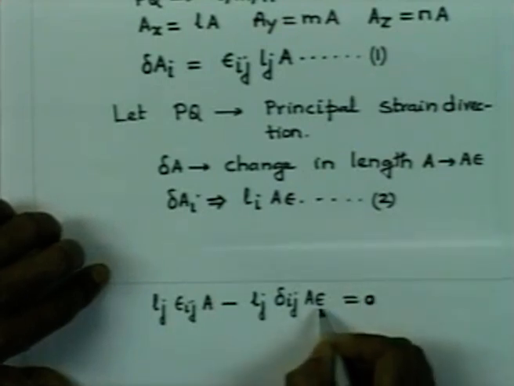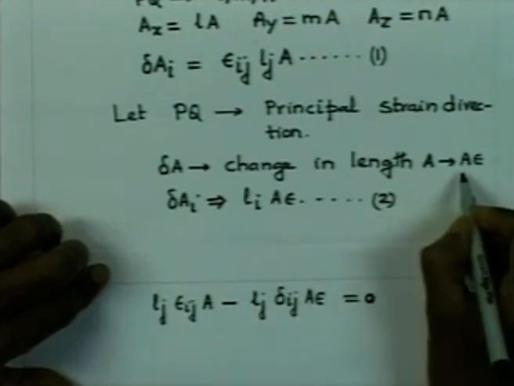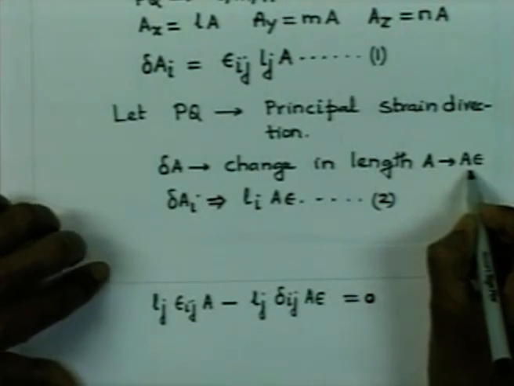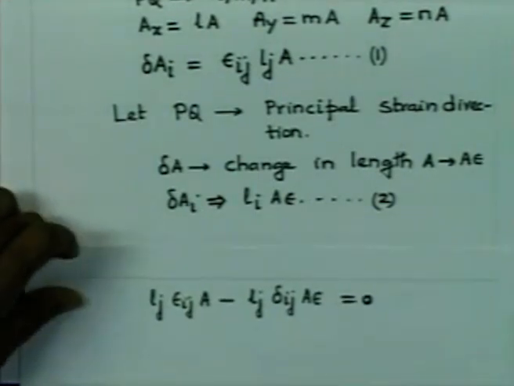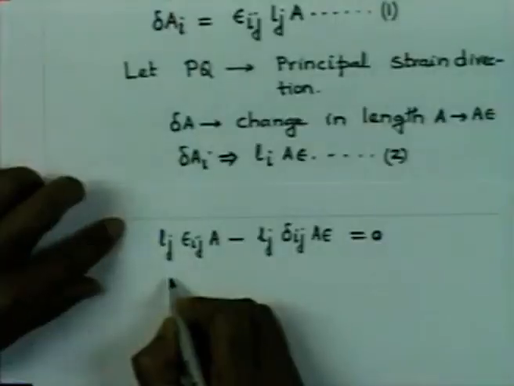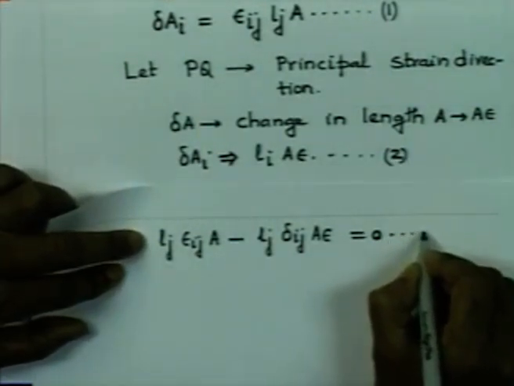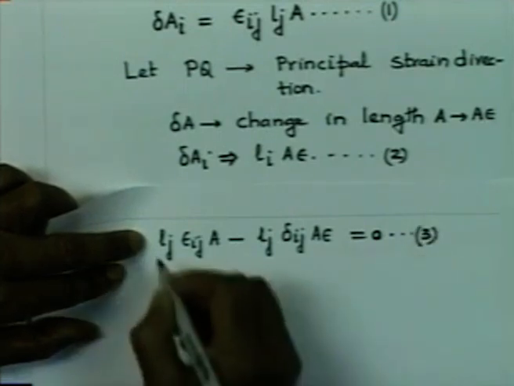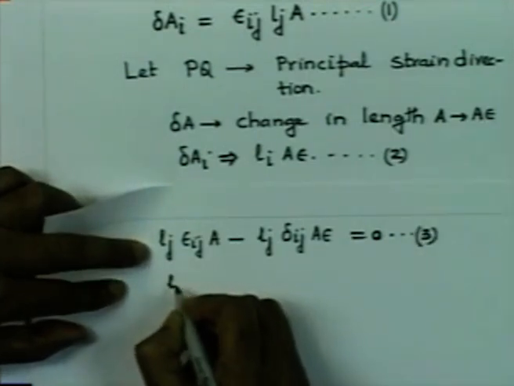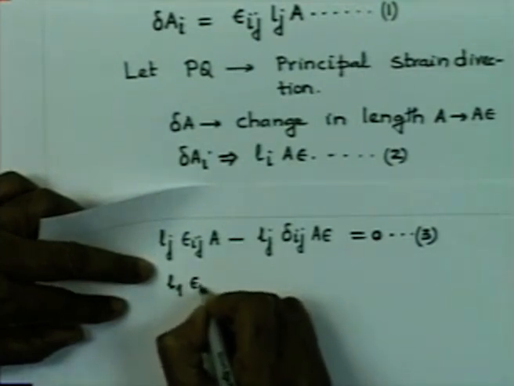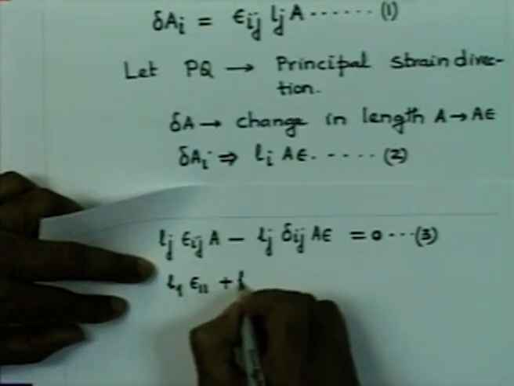This epsilon stands for principal strain, and I must also indicate that this A is the length of PQ. This relationship is very similar to what we obtained in the case of principal stress.